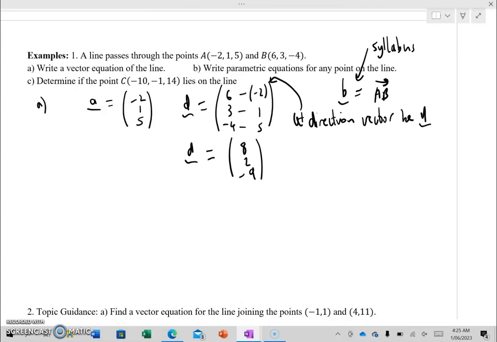There's nothing wrong with it, but I prefer using a different letter. So write the vector equation. We've got r is equal to A plus lambda D in this case. So (-2, 1, 5) plus lambda (8, 2, -9).